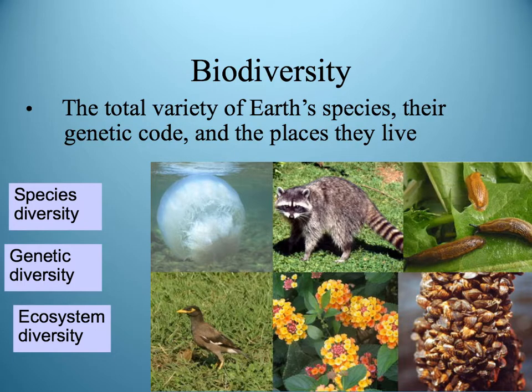So how are these different raccoons different genetically? How are the snails different? How are the slugs different within each species? And then on a larger scale, we looked at biodiversity of biomes or ecosystems. So there's things like the desert versus tropical rainforest, and there's a lot of diversity there, obviously, between a desert and a rainforest, or the tundra or the taiga.